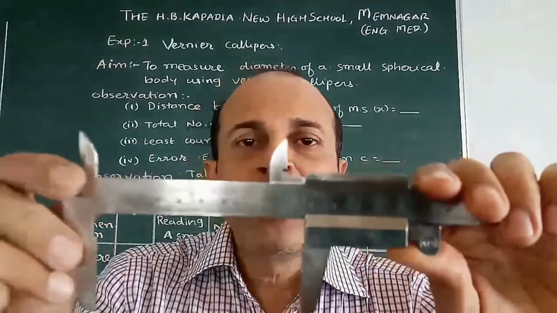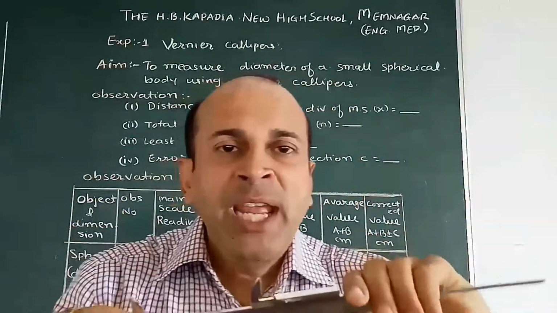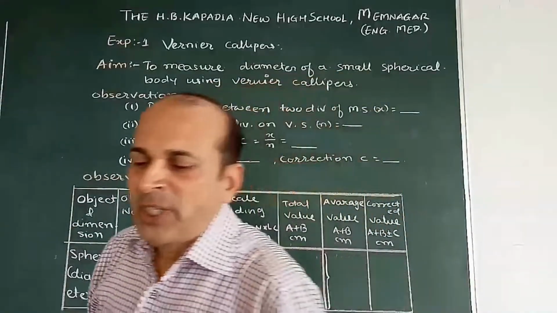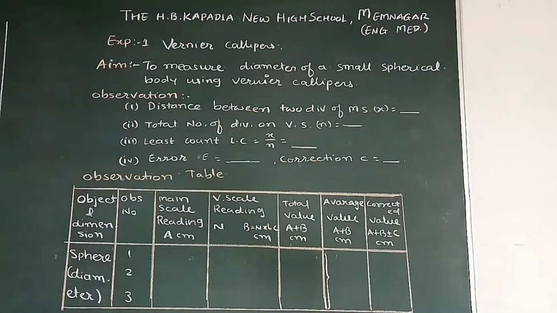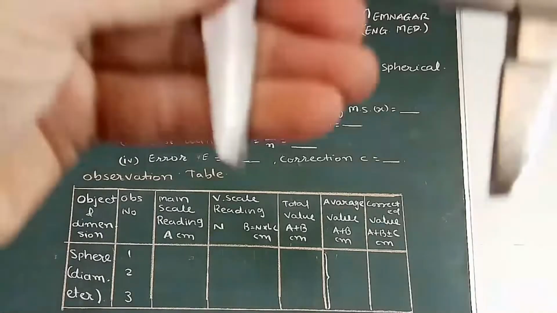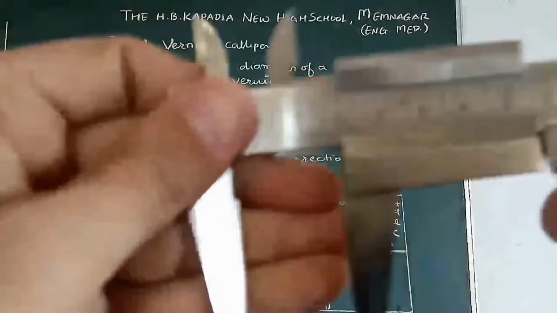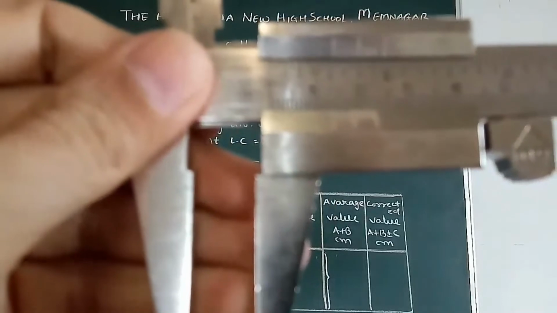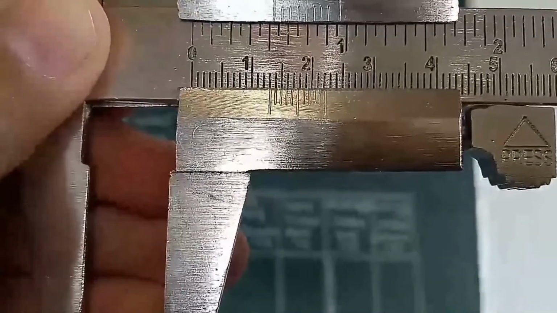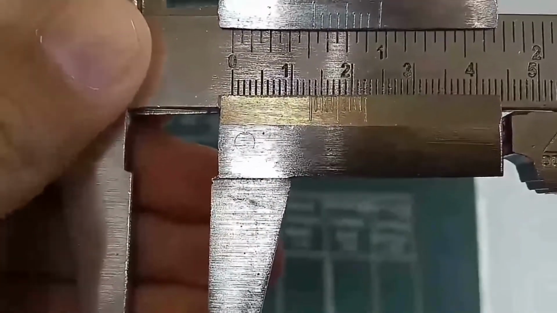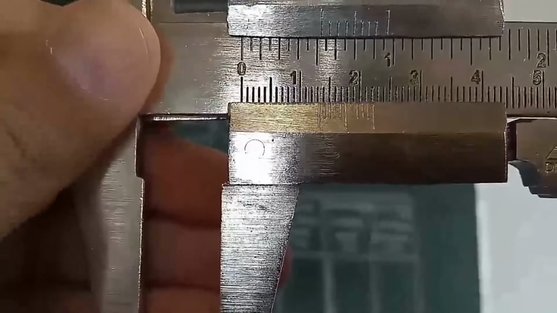So let me measure first the least count, error and correction of the vernier calipers. For that, observe here. On the centimeter scale, 1 centimeter is divided into 10 divisions.